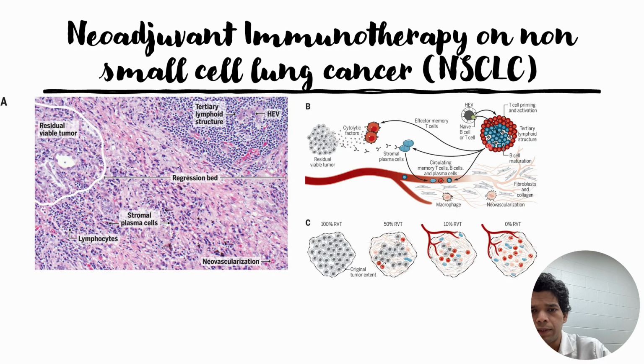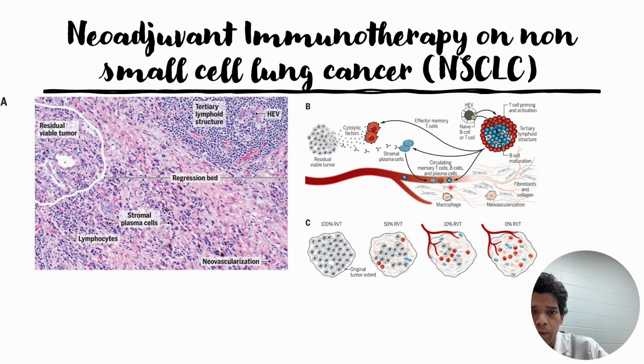Once these T cells, along with the B cells, are activated, they will translocate to the residual viable tumors in the form of effector memory T cells, or circulating memory T cells, B cells, and plasma cells. The T cells will release cytolytic factors, and the stromal plasma cells can directly interact with the residual viable tumors to reduce the residual viable tumor sites.